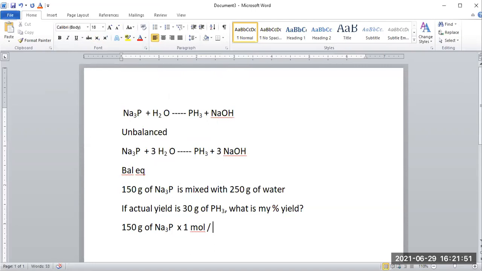So 1 phosphorus and 3 hydrogens will give me, and I'm reading the wrong molecule. It's supposed to be 3 sodiums and 1 phosphorus, because it's 99.94 grams. All right. So that gives me 1.5 moles.